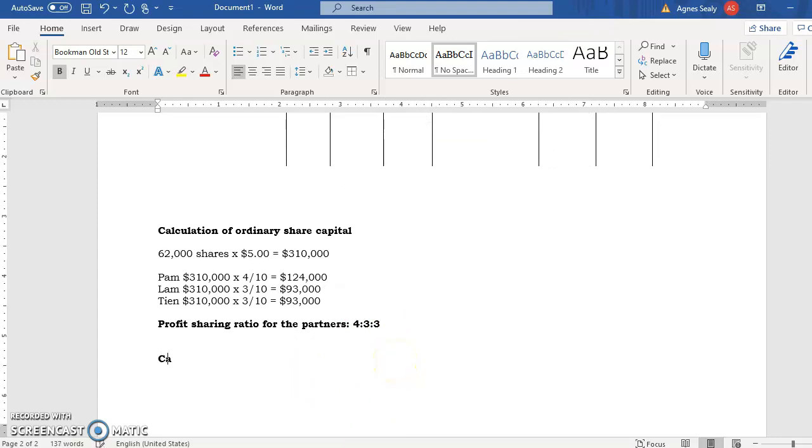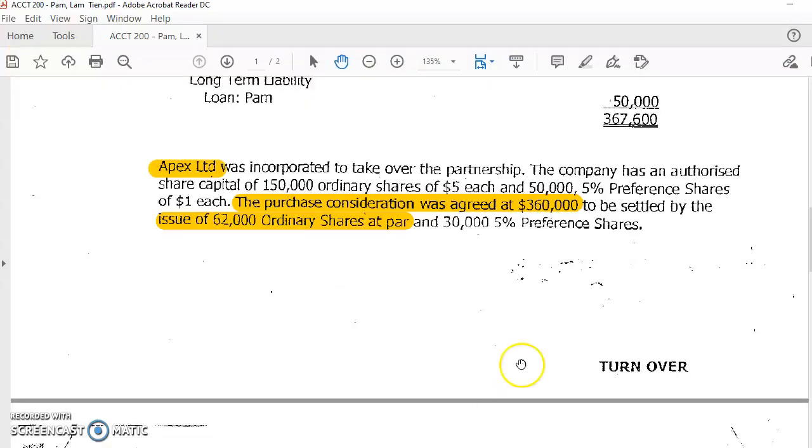According to the question, they settled 30,000 5% preference shares.